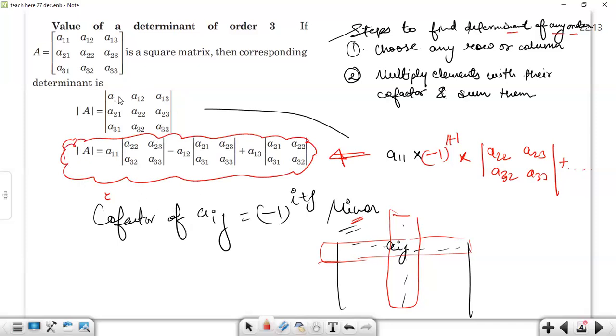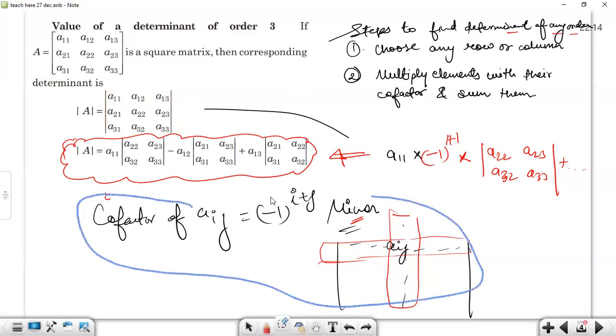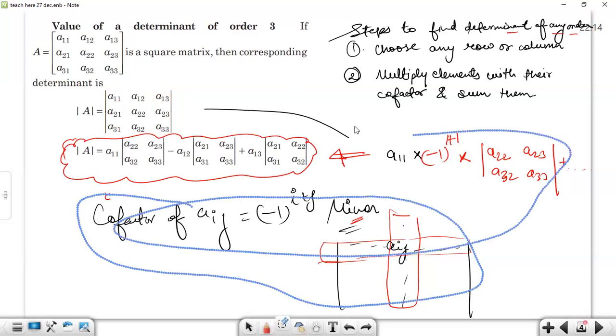Just understand the method, that if we have chosen this particular row, then this is the formula that is going to be. What if we have not chosen this row? We have gone with some other row or column. Let me write the formula for the same.